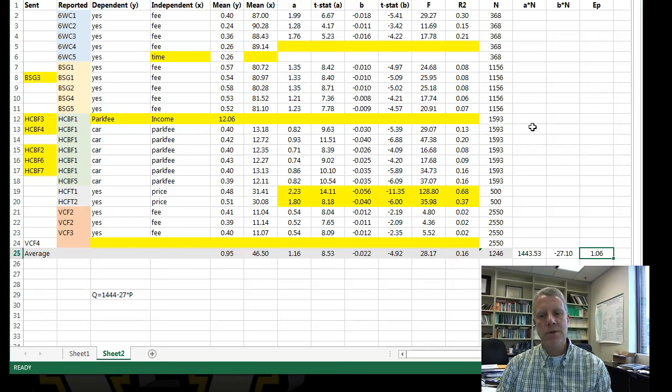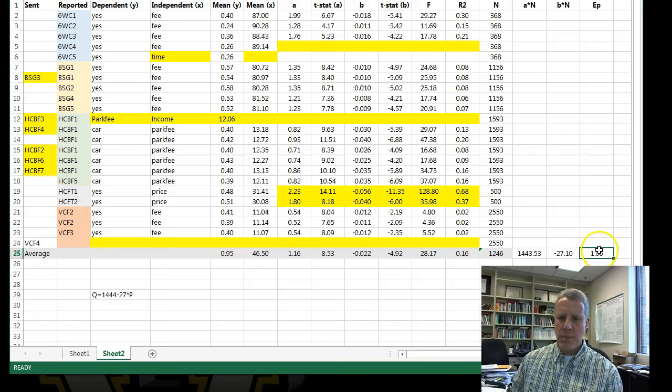Now that's real close to the elasticity equal to 1 for unitary elastic demand curve. But I have done this calculation for each of the data sets up here, and your numbers are going to vary away from 1. There's several that are below 1 and even more that are greater than 1.